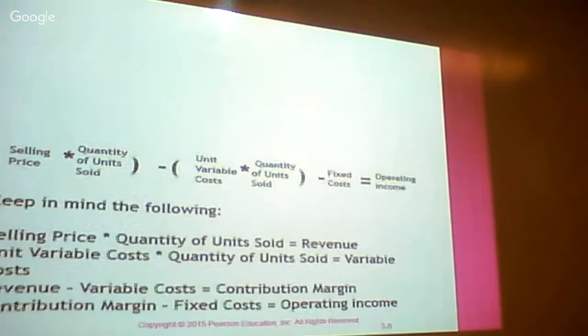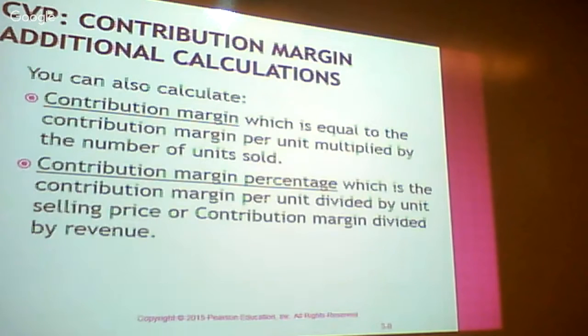Now, you can also calculate the contribution margin, which is equal to the contribution margin per unit multiplied by the number of units. So if you have the contribution margin per unit, and then you know the number of units, that will give you the total contribution margin, money-wise.